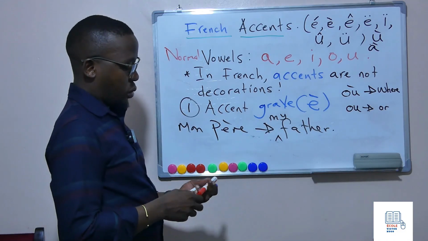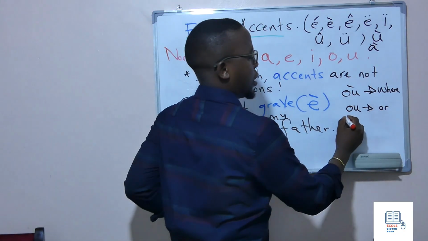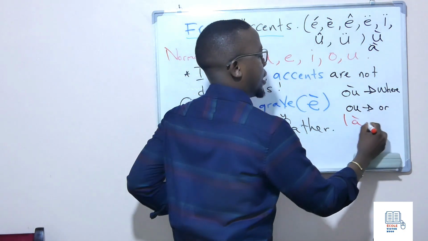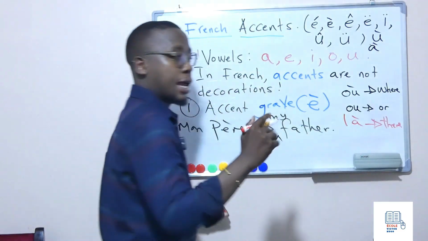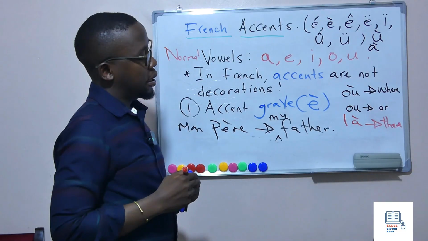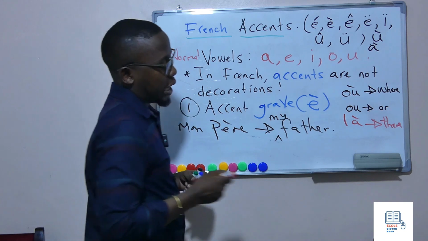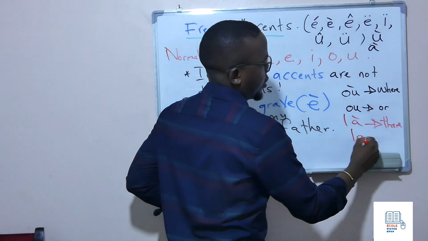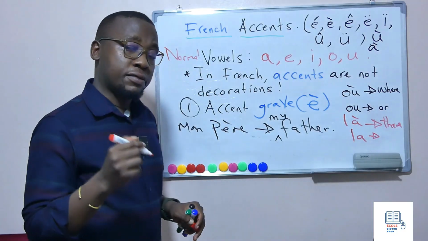You find it in other words like, for example, là, which means there. The same way, if you write la without the accent, the meaning will be different. That's what makes accents very important.